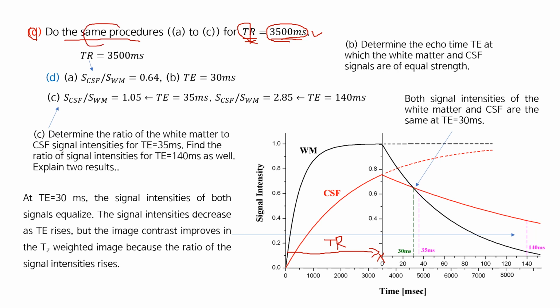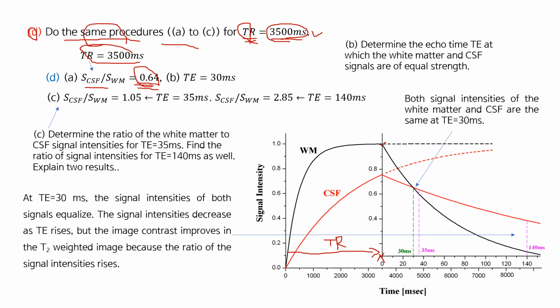The same procedure, A to C. We can just calculate the numbers, because we already have all the required numbers. Just put those numbers into the equation. For case A, you can get the intensity ratio of 0.64.